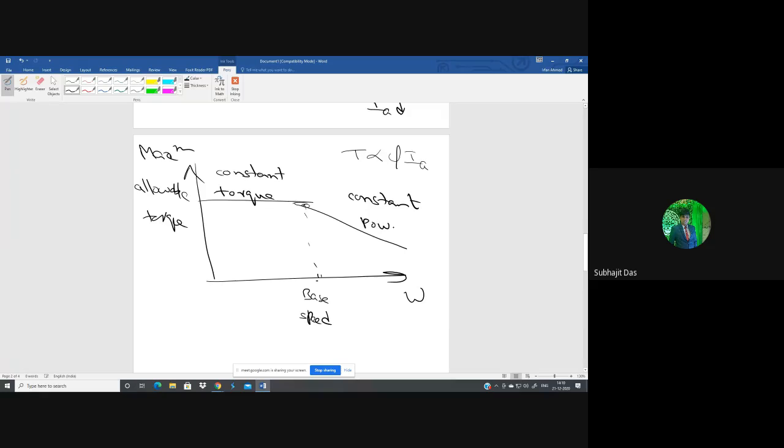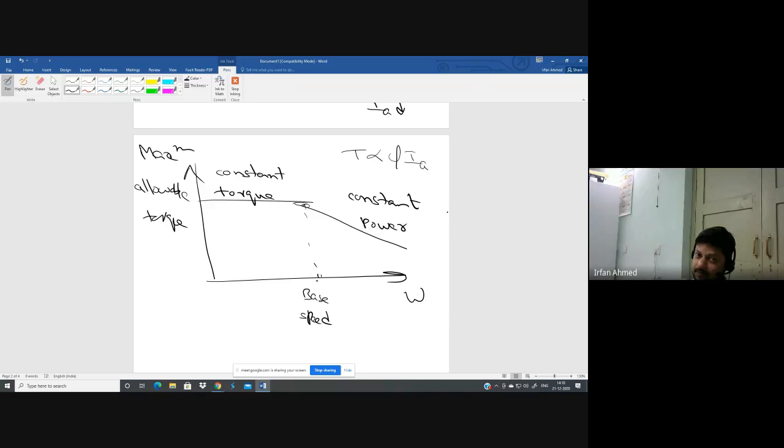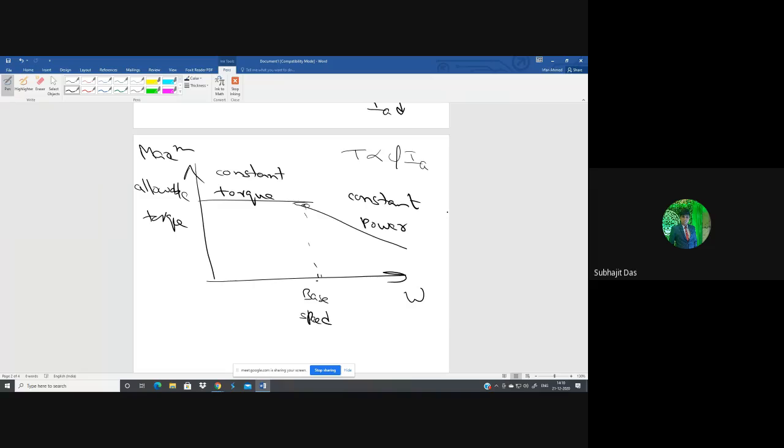Power, sir. Yes, the question you asked before, the answer is up to where constant power is maintained by the DC motor, and flux can be decreased.